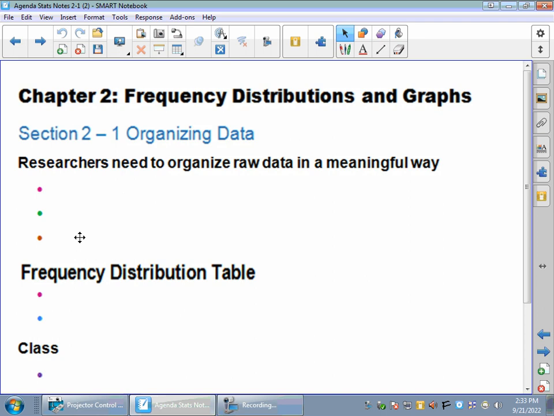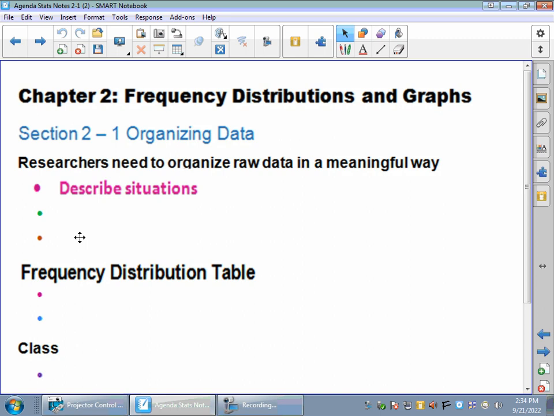So it's all taking our data, everything that we've collected using representative samples and good questions and good sampling methods, all those kinds of things. And now it's all about what do we do with this data. So the first thing, we need to organize our data in a meaningful way. So we use it to describe situations.